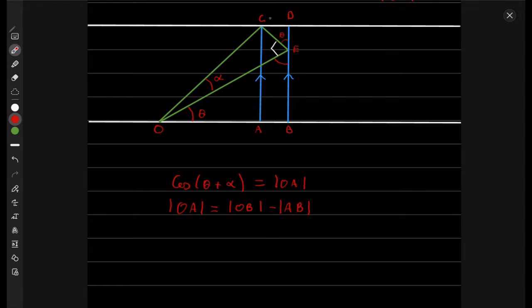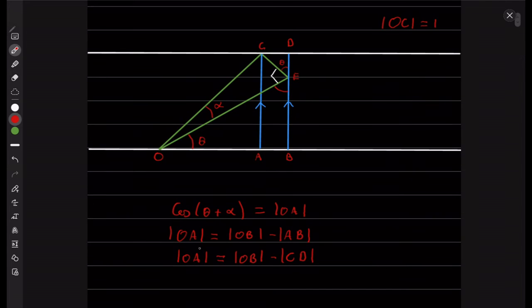OA is also equal to CD. So OA is equal to OB minus CD. And remember, this is equal to cos theta plus alpha.